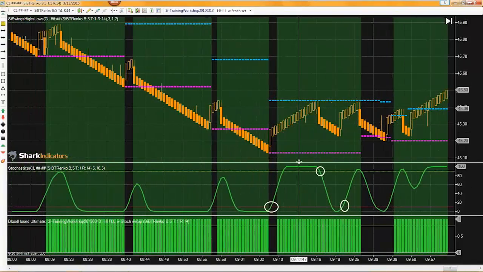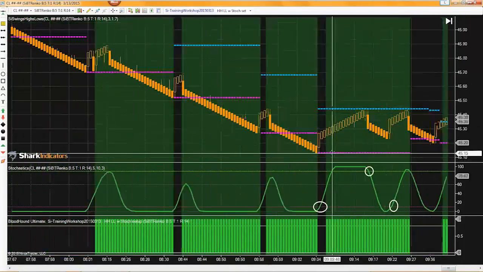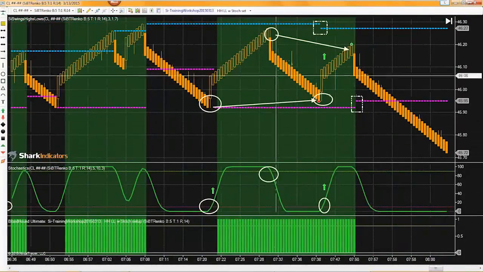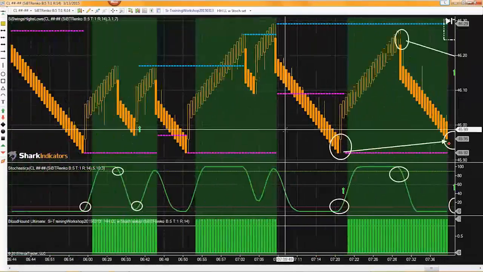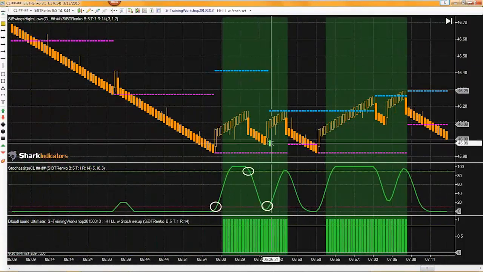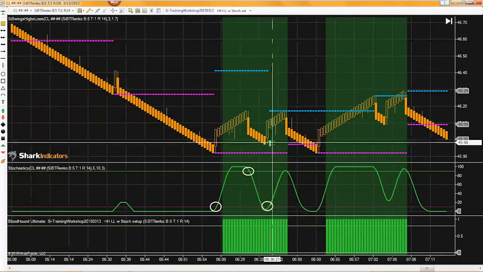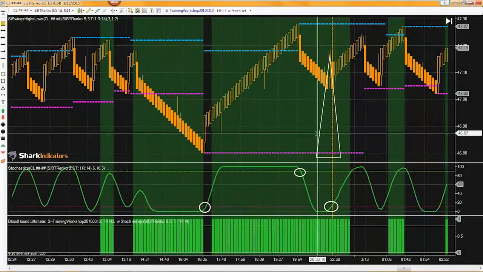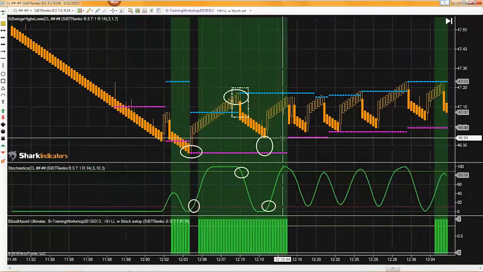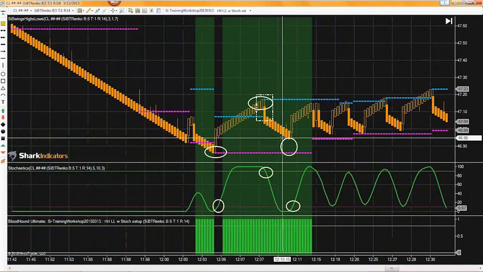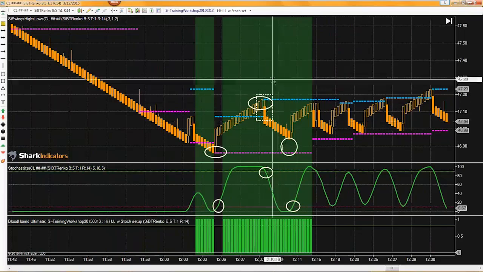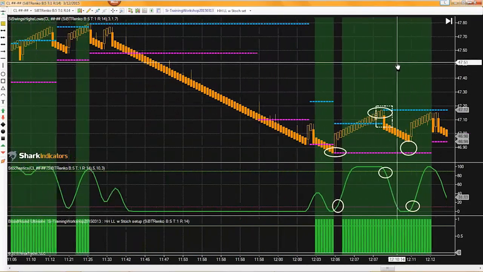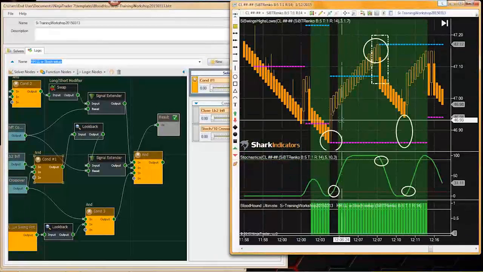All right, so that's good. Here's our original place that we were working. There's a second trade setup there. That was an extra one that I found. And oh, here we go. Here's where it was.